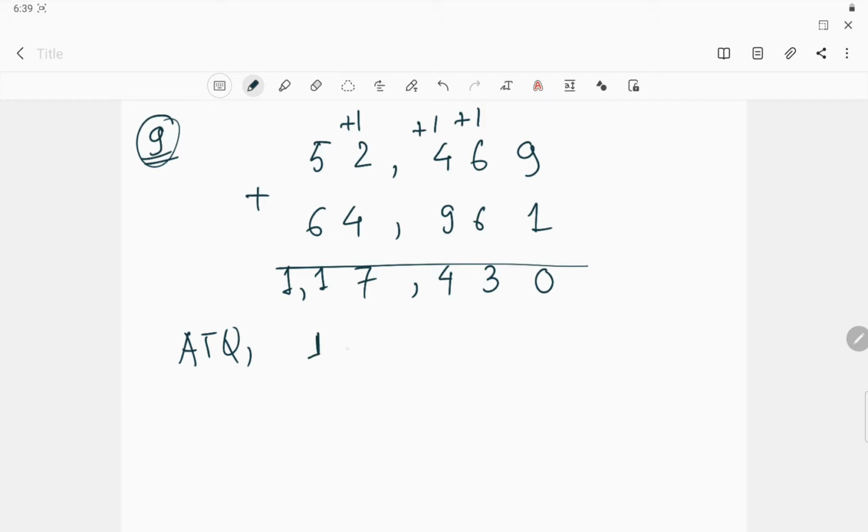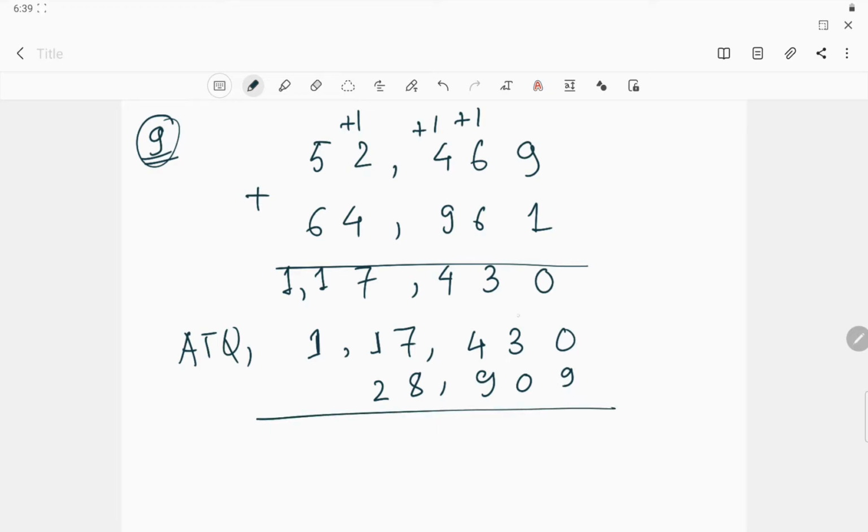So 28,909 will be subtracted from 1,17,430, that is this sum. So you know it will be 10 and it will be 2. So 10 minus 9, so it will be 1, it will be 2, it will be 14, and it will be 6. 14 minus 9 is 5, it will be 16, right? 16 minus 8, it will be 8, and it will be 0.